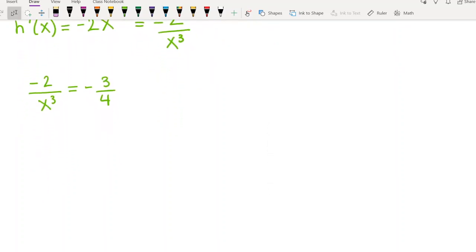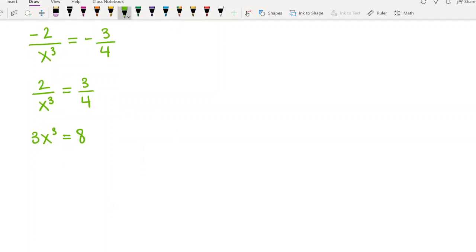So we can multiply or divide both sides by negative 1, and we get 2 over x cubed is equal to positive 3/4. And now we can cross multiply, right? We basically want to get this x cubed out of the denominator so that we can actually solve for it. So if we cross multiply, we get 3x cubed is equal to 8. And so that means that x cubed is equal to 8 over 3.